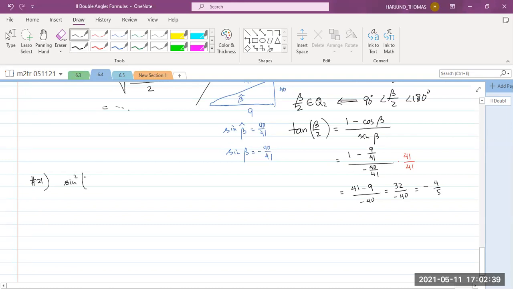sine squared of x over 2 equals sine squared x over 2 times 1 plus cosine x. I think I will prove from left to right.